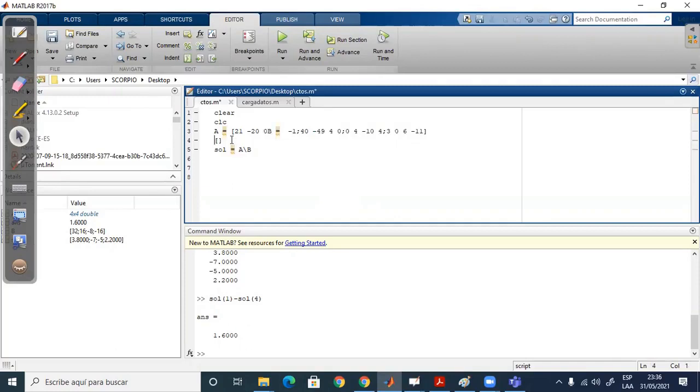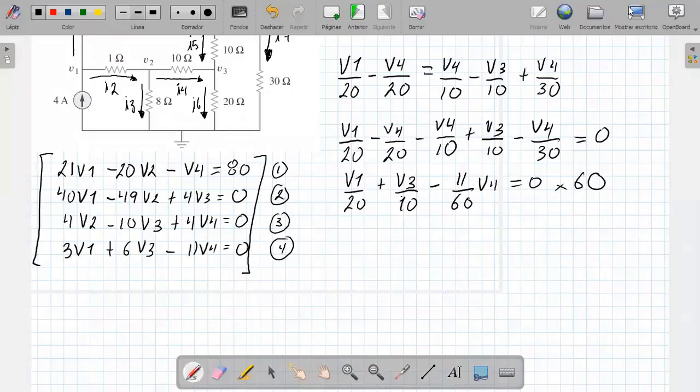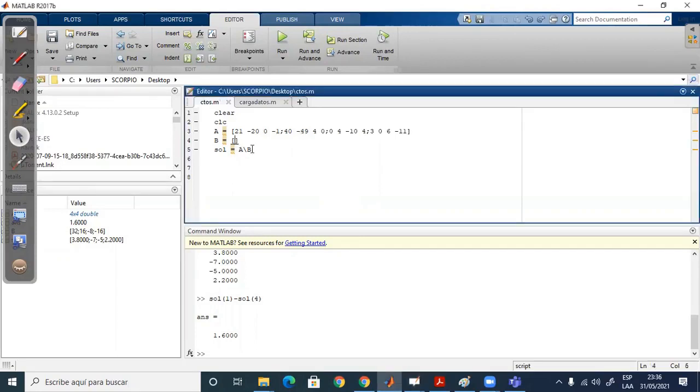Then the matrix of constants, which I already did: 80, 0, 0, 0. In the solution, the variable is going to be computed in the cells.